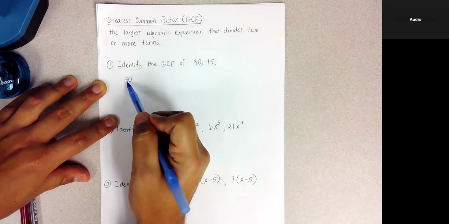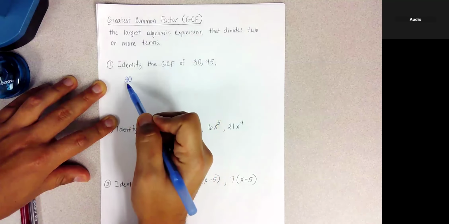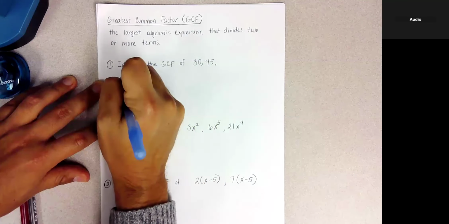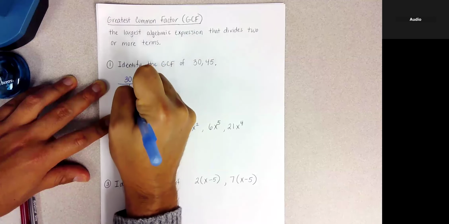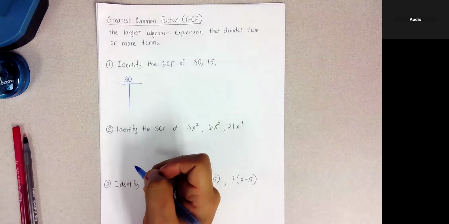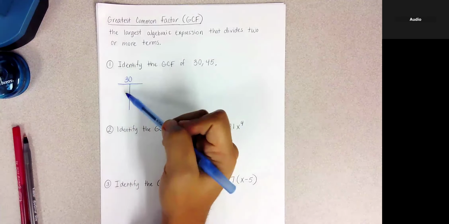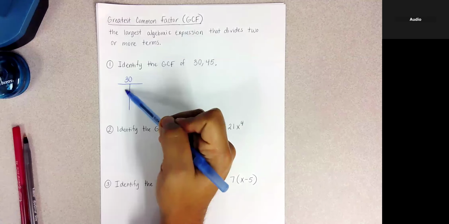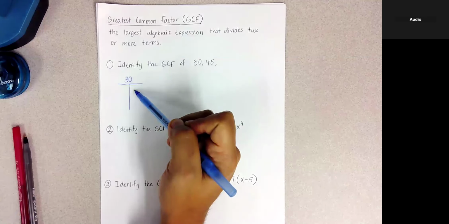So we can break down 30 and look at all of its factor pairs by simply creating a t-chart and then systematically asking ourselves what two numbers multiply to make 30, where we'll put one number on the left side of the t-chart and one number on the right side of the t-chart.